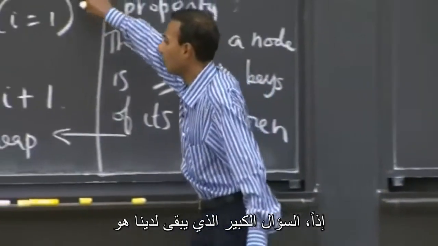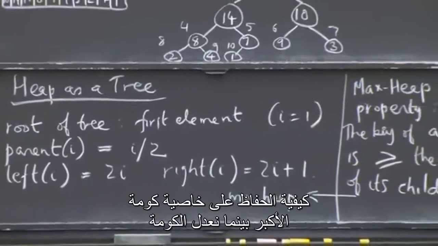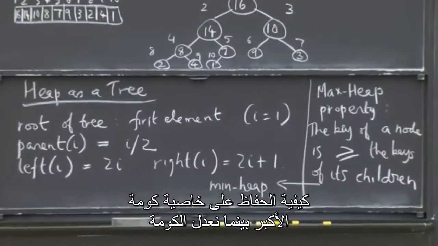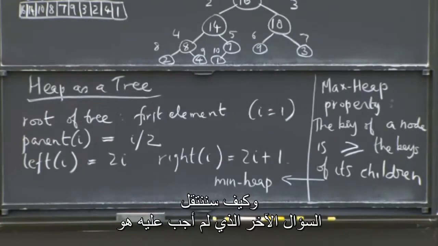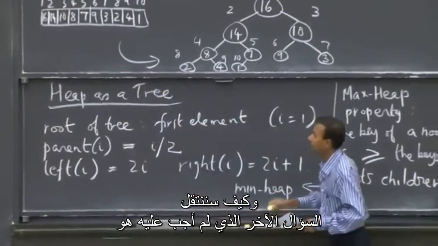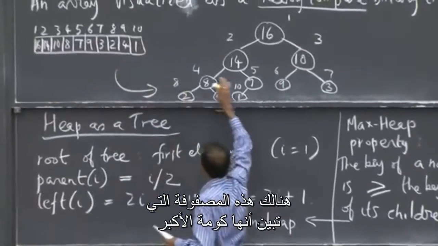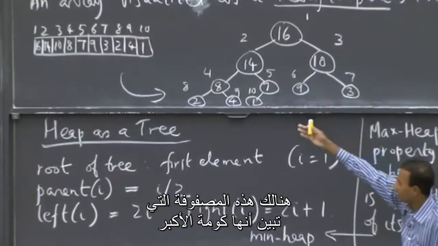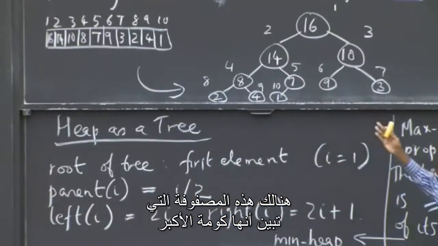So the big question that remains is how do we maintain the max heap property as we modify the heap? The other question, which I haven't answered: there's this array that turned out to be a max heap.